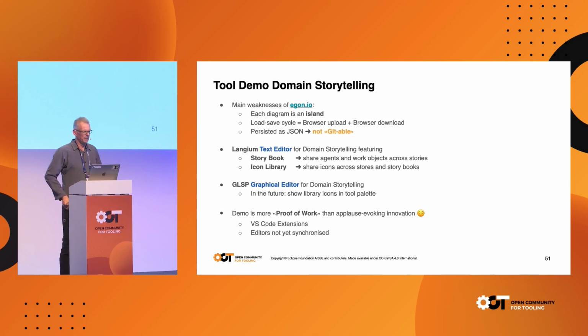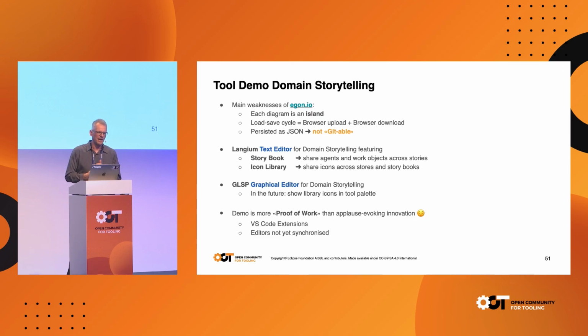So what I've done is I've created a Langium text editor for this, and I added 2 features that I was missing. First was I added the story book, which contains many stories, and you can share actors and work objects across stories through that storybook.